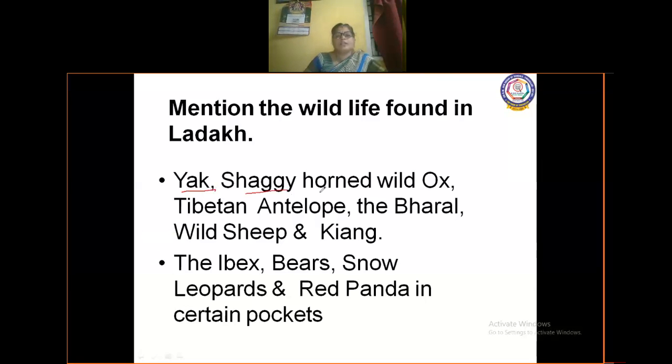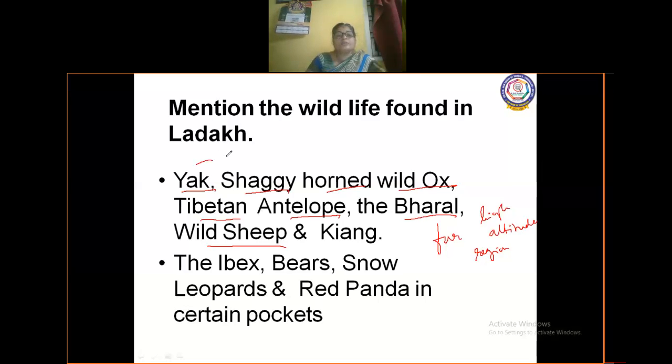Now the wildlife found in the Ladakh region: yak, shaggy horned wild ox, Tibetan antelope, bharal. All these have fur according to the climate, because it's a high altitude region, and these animals have to adapt themselves to the cold, so by nature they have a lot of fur on their body.